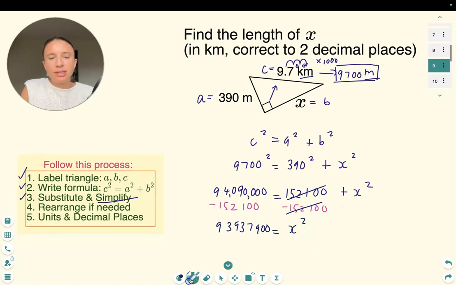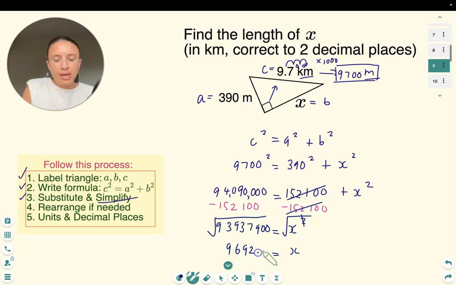Now we know what we're doing. So X squared, how can I just get X on its own? Do the opposite of square. Square root. Keep that answer in your calculator. Root answer is 9692.16 to 2 decimal places. And remember at the end, 2 things to check: units and decimal places.